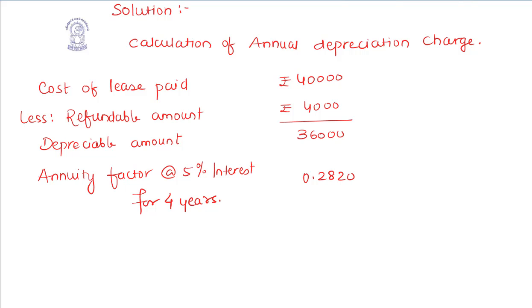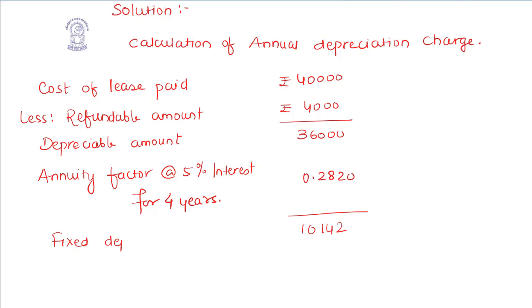So 36,000 multiplied by 0.2820 will give us the figure 10,142.